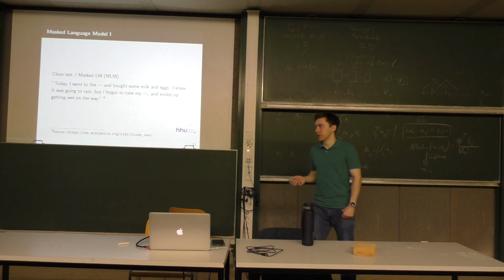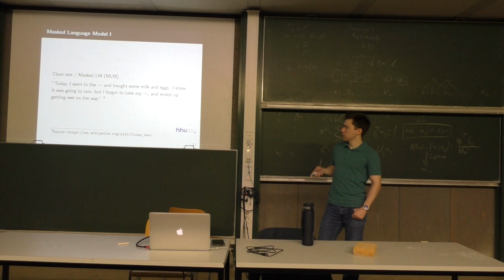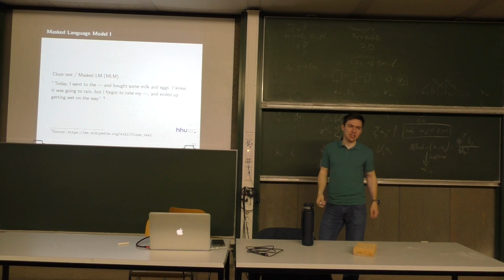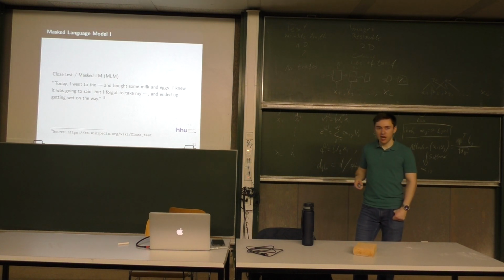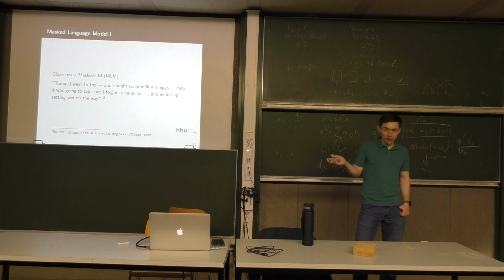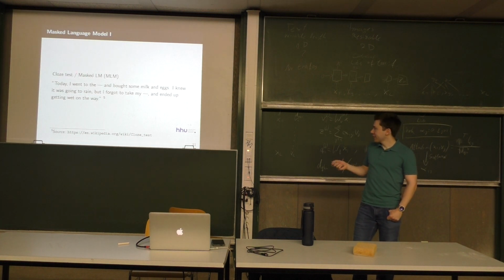Originally, this was called the cloze test, which was a concept from psychology from, I don't know, the 70s, to test if someone was somewhat fluent in a language. So I assume everyone here speaks English, I hope. So can you tell me which words are probably missing here?